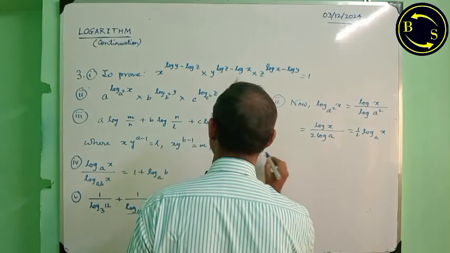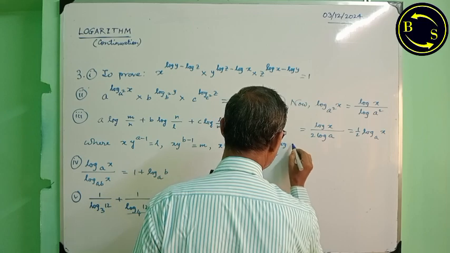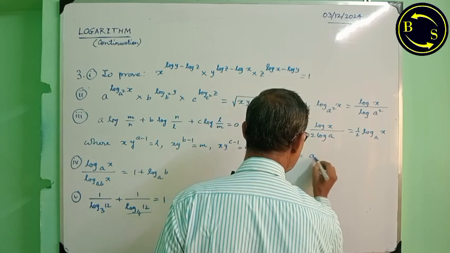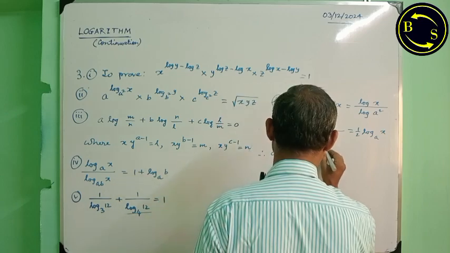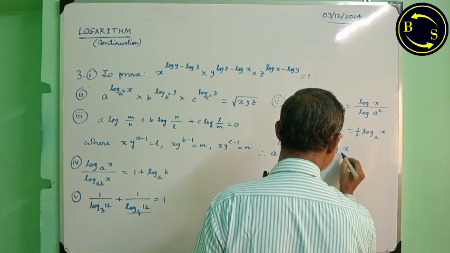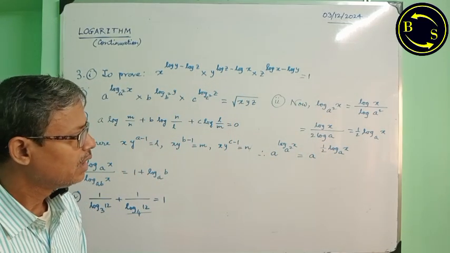Therefore, a to the power log of x to the base a square is equal to a to the power half log of x to the base a.